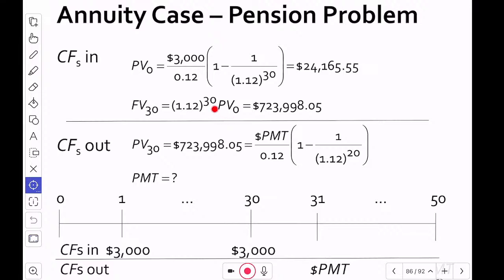The present value amount accumulates for 30 periods, giving you this amount. So it's quite big. It's $750,000 accumulated, and this is a good incentive to start saving as soon as you can. But 12% is a very high rate, and as I said, it's 12% on average.